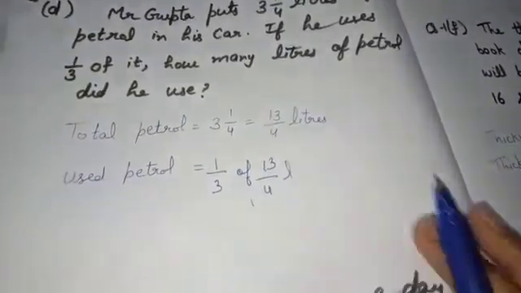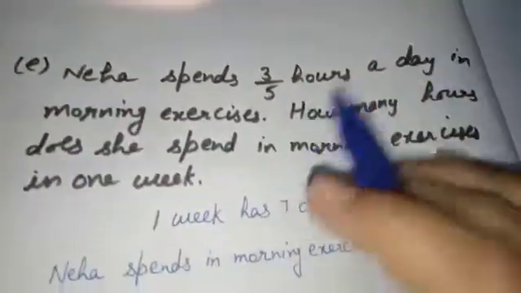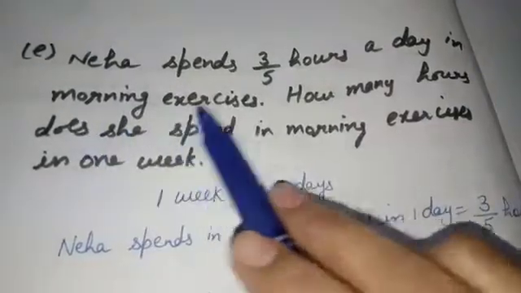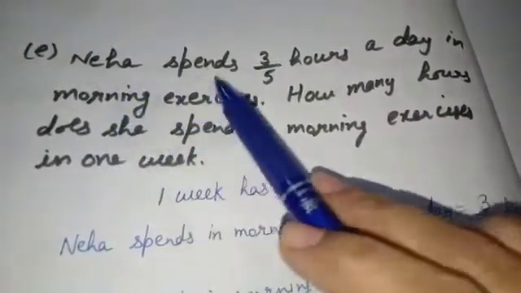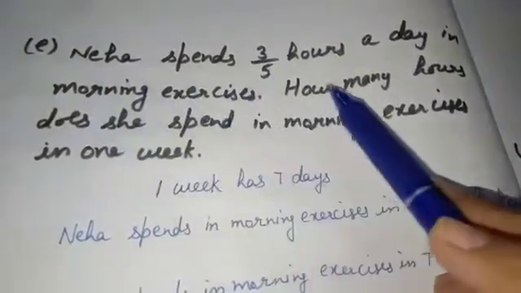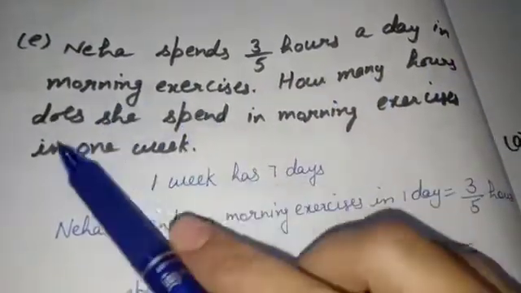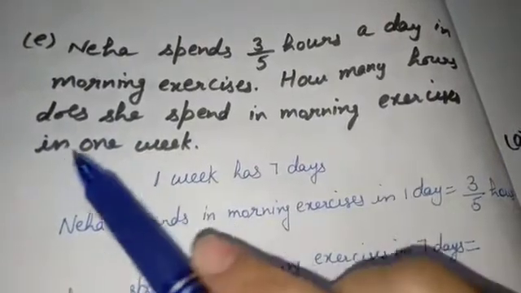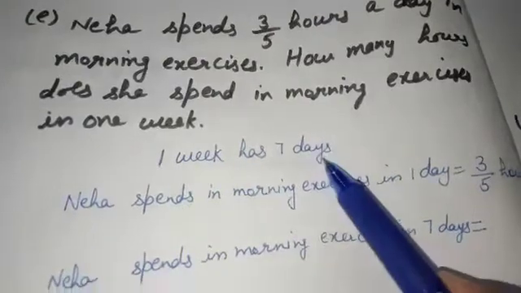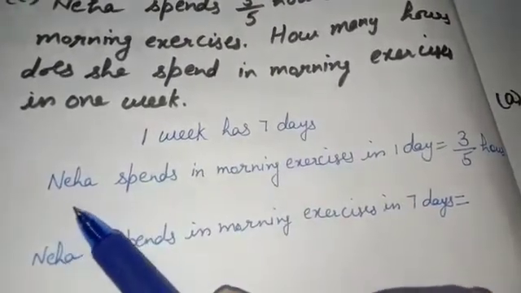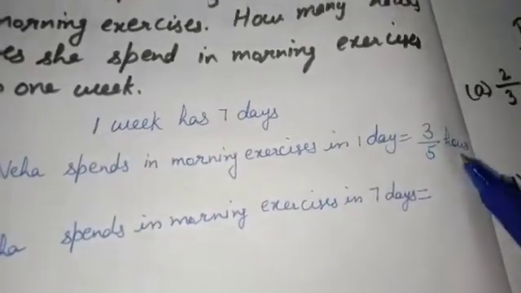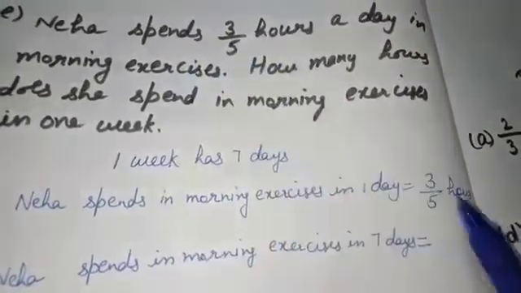Okay, let's move to E part. Neha spends 3/5 hours a day in morning exercises. A girl named Neha spends this time a day in morning exercises. How many hours does she spend in morning exercises in 1 week? We all know that 1 week has 7 days. So Neha spends 3/5 hours in 1 day, as given in the question.